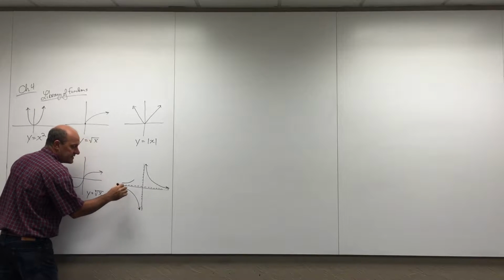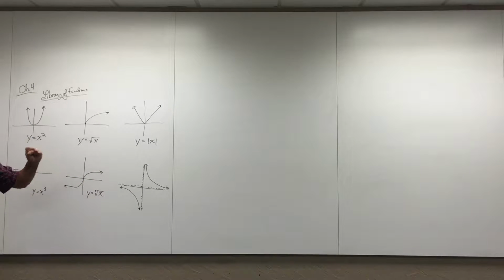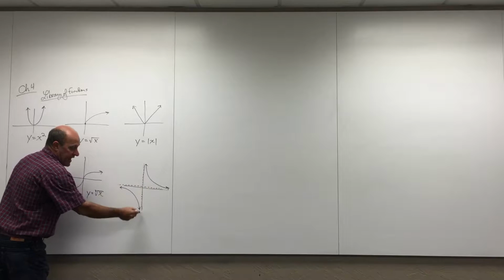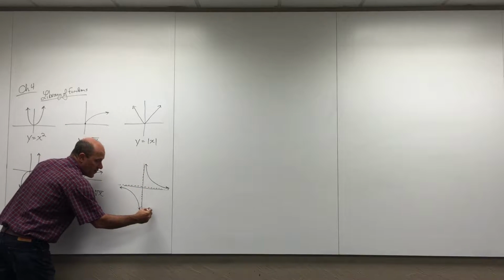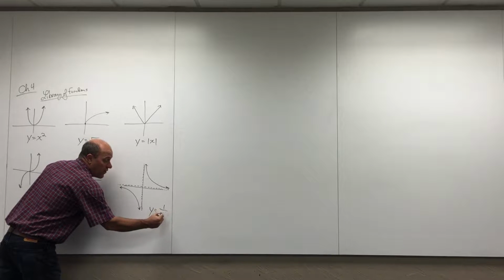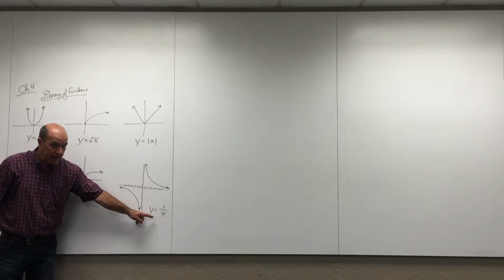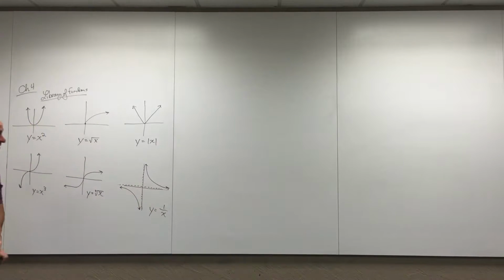It looks like this. And this is the only one that's got a big undefined place. It's undefined when x is 0. That's why you have this asymptote. His equation is y equals 1 over x. So now you can see why he's undefined at 0. When x is 0, it's undefined. You can't divide by 0. So I'd like you to memorize those 6 basic shapes.